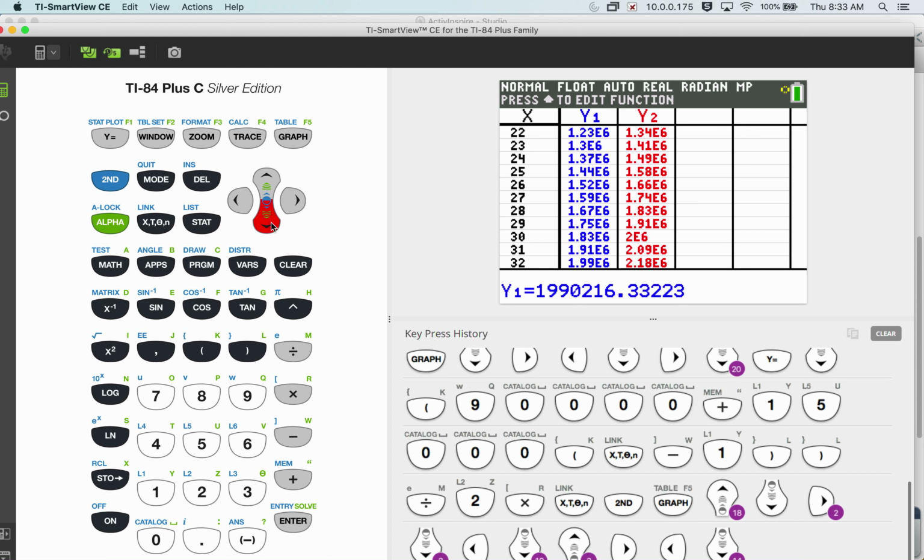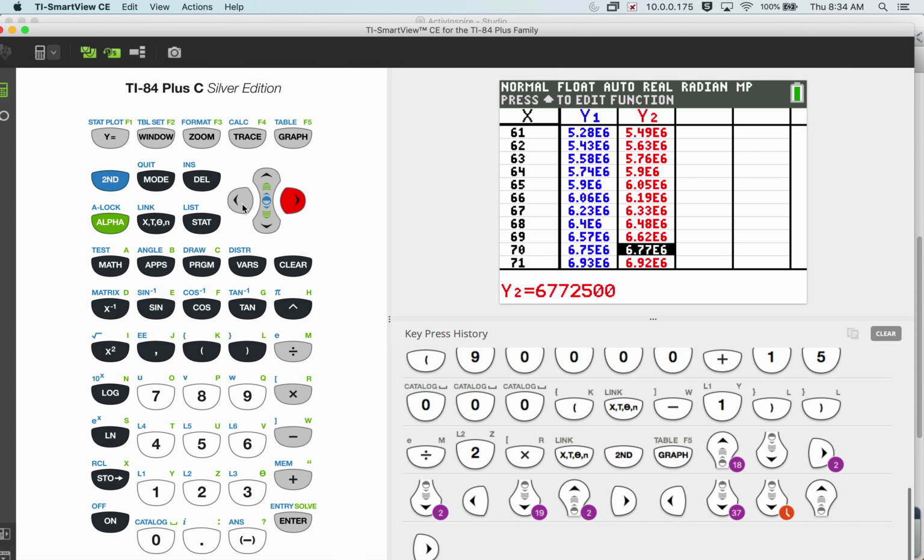Is it ever going to catch up? Yeah, Plan B is still superior here. I thought they would catch up a little bit quicker. Okay, wow. After 70 years, Plan A is still inferior to Plan B. If you work for 70 years at this job, you've made $6.7 million.